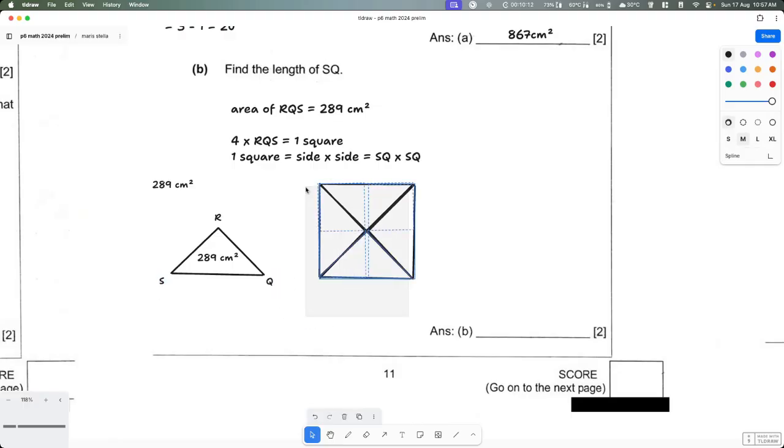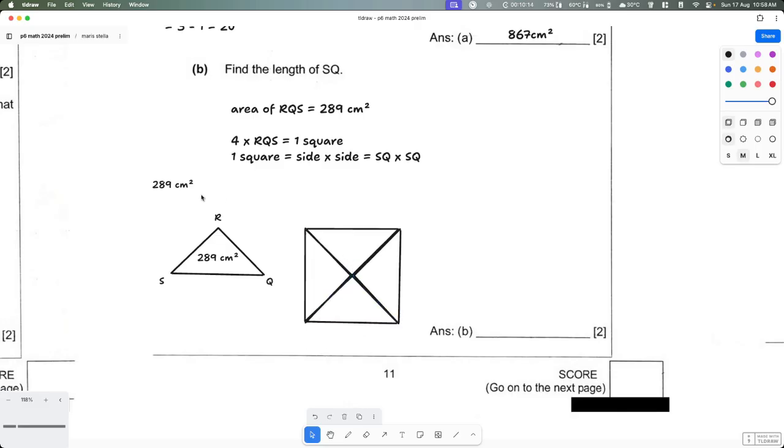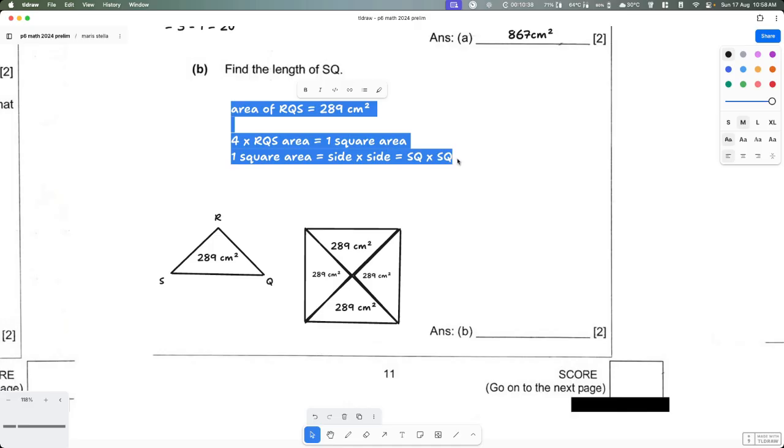So that means this is equal to this is equal to this as well. Let me make this a little bit smaller. It's equal to this as well. So I want the square area, the 4 triangle area.